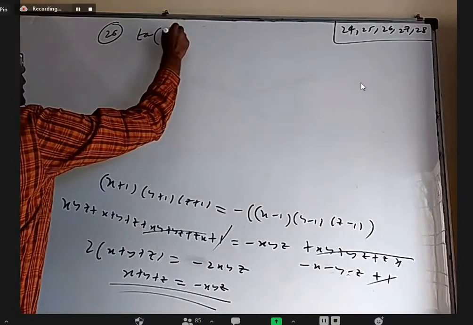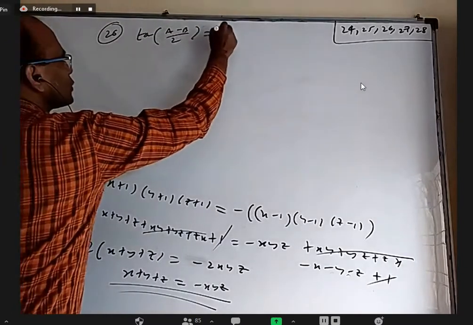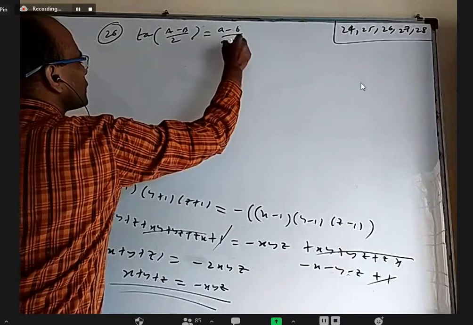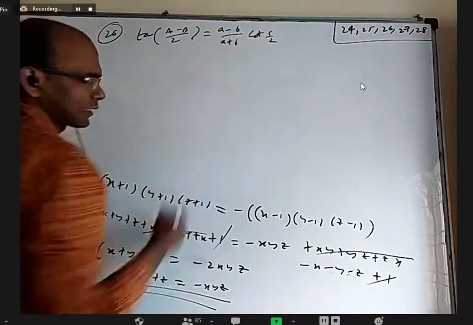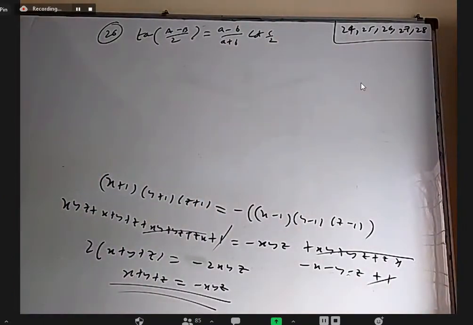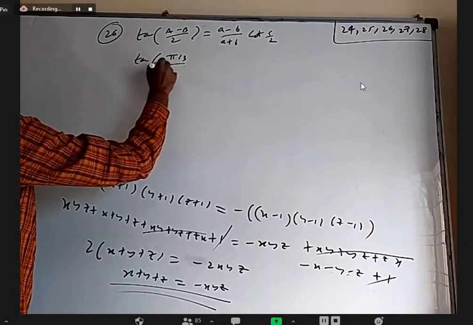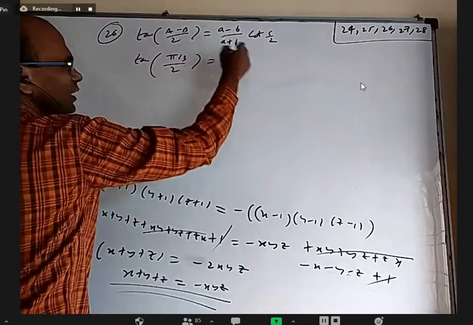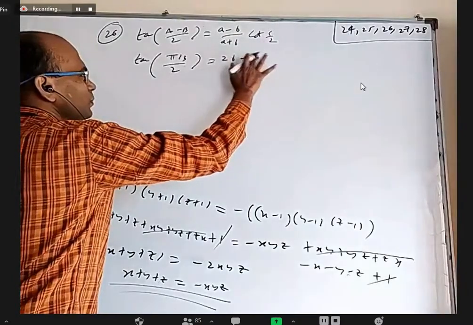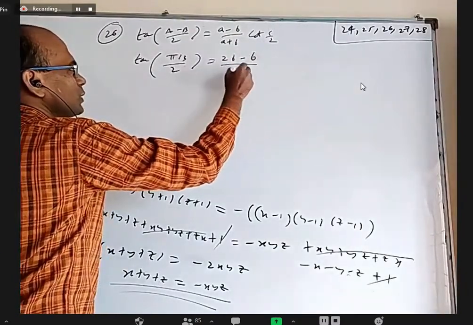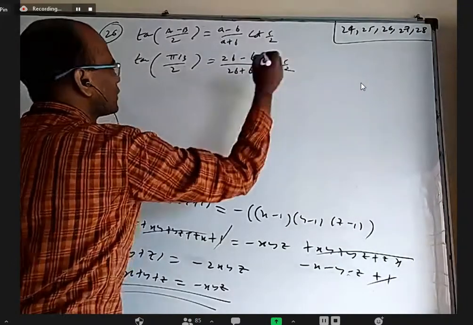Tan((A minus B)/2) is equal to (a minus b)/(a plus b) into cot(C/2). This is the tangent rule. In this question, they gave a equal to 2b and A minus B is pi by 3. So this is (pi by 3)/2. Wherever a is there, I'll get 2b: (2b minus b)/(2b plus b) cot(C/2).